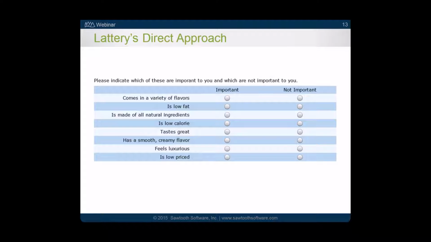The anchor is going to be the dividing line between important and unimportant. If we scale it appropriately, we'll have MaxDiff utilities, and the positive ones are going to be above that line, and the ones with negative scores are going to be below that line. So now we've got the powerful discriminating MaxDiff scores, plus we've got an anchor in there that separates good from bad.